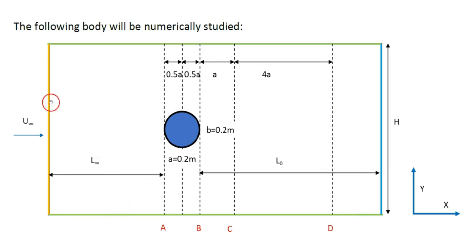So let's calculate the x coordinate. Y coordinate should be easy because this is 2 meter height and the body, circular body is at the center. So if this is 1 meter, this should be -1 meter. So for all the lines, y coordinate should be 1 meter to -1 meter.